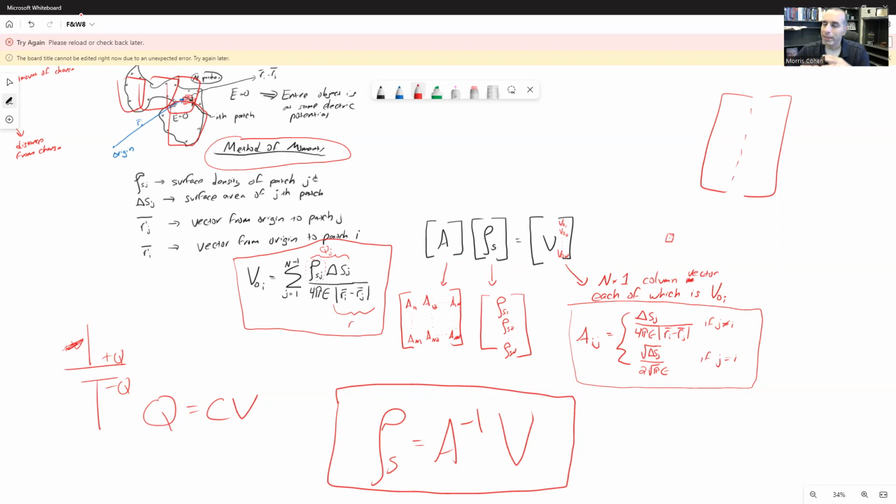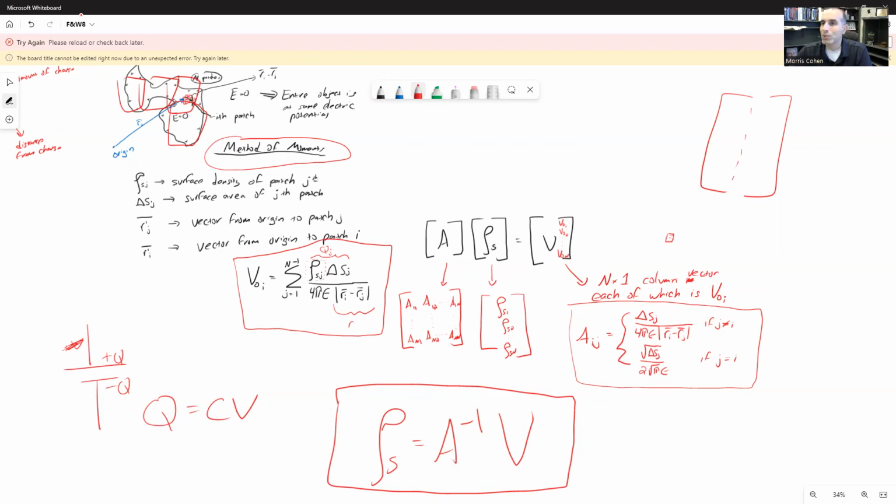And for an object like this, it probably varies. So you basically want your patches to be small enough to capture the actual variations across your object. And the way you can know this practically is if you're calculating what the charge density is. If you take your patches, you make them a factor of 2 smaller, and you get the same answer, you know you're on the right track.